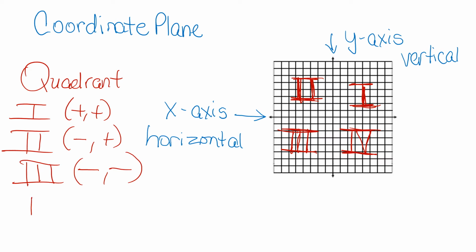And then in quadrant 4, you're going to have a positive x value and a negative y value. And as we get into graphing, that will make more sense, but it helps to know each one of your quadrants and what the ordered pair should look like in that particular area.